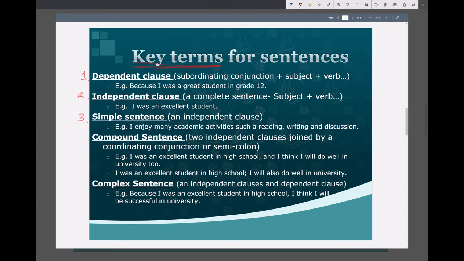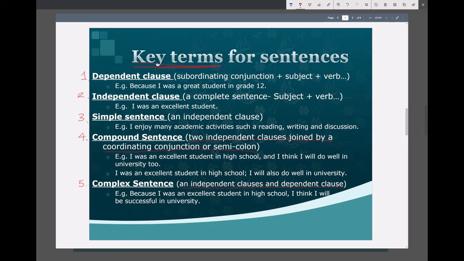By combining clauses together, you're going to make more complex sentences. And the first type of complex sentence is called a compound sentence. And the next type is a complex sentence. And you can take a moment to see the difference between a compound sentence and a complex sentence.